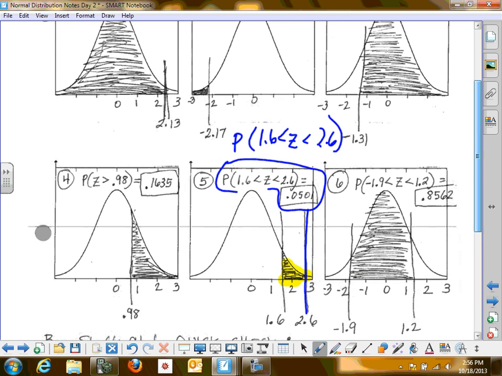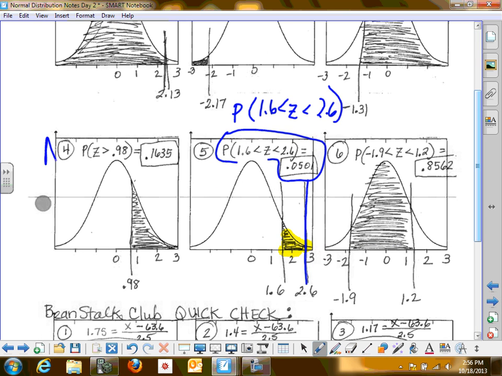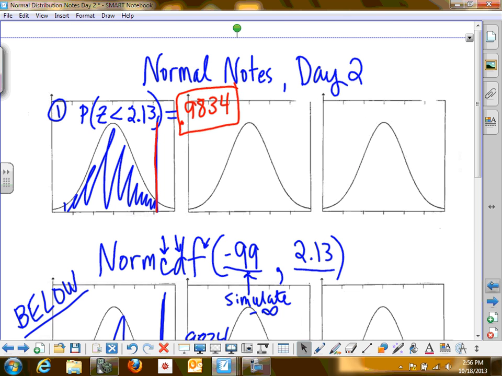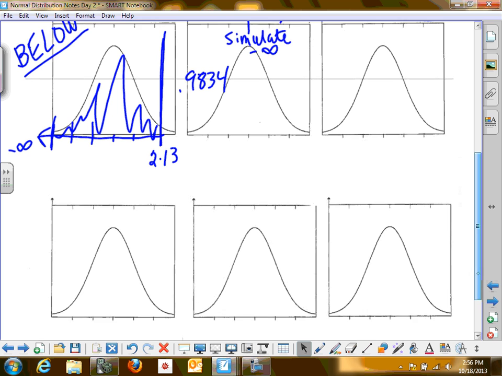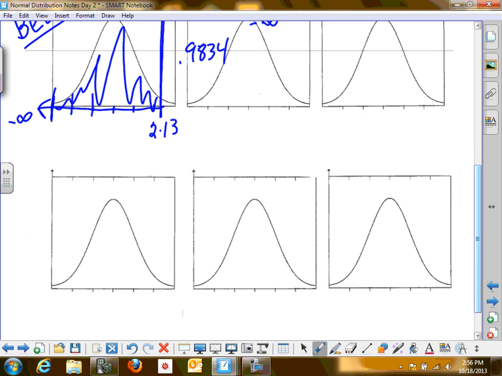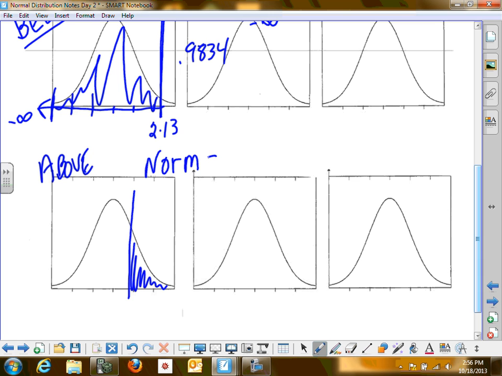Let's do number 4 on our calculator. We want to go z greater than 0.98. So that would look like this. If I want to go above a value, then I got 0.98 is my z. I'm going above. So in my calculator, I put in norm CDF from one z-score to the next.